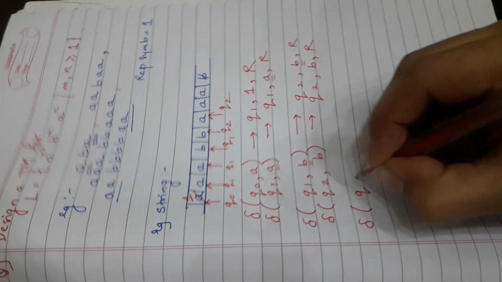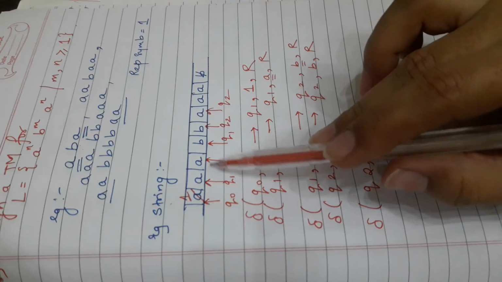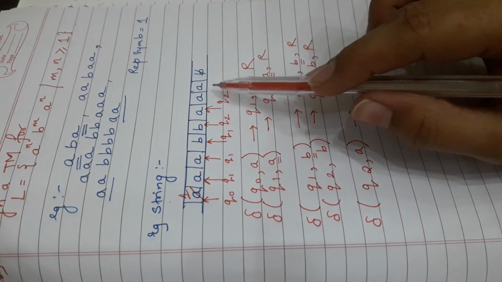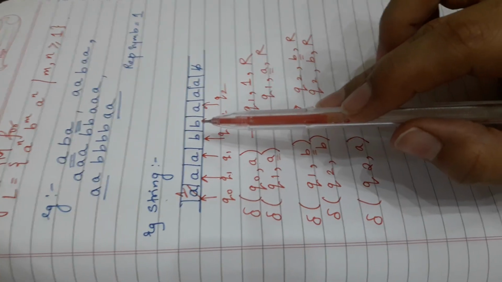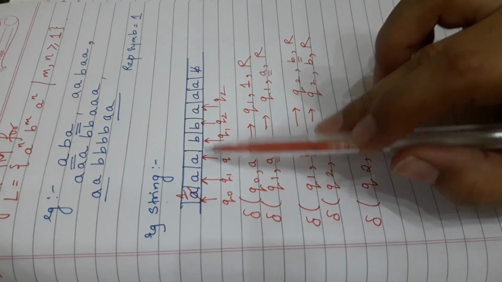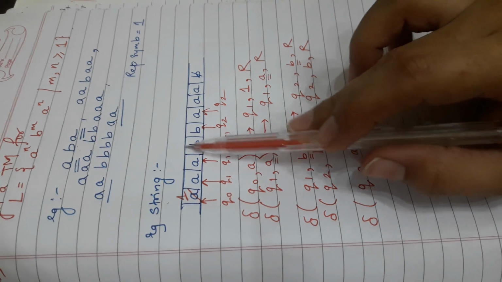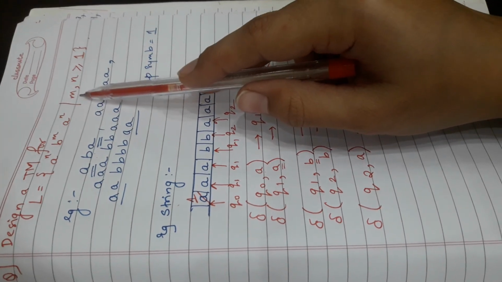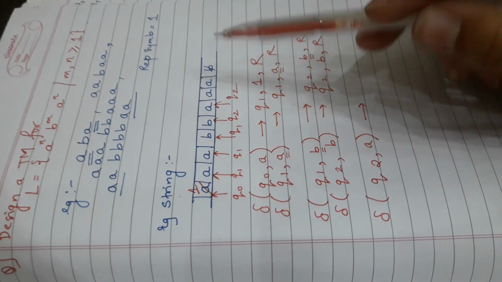What should happen if Q2 gets a A? Now one more thing, it is necessary that you change the states here. Why? Because the symbol is changing and you want to consider that Q1 should get a B. And why? Because B is mandatory, because M is at least having value as 1.